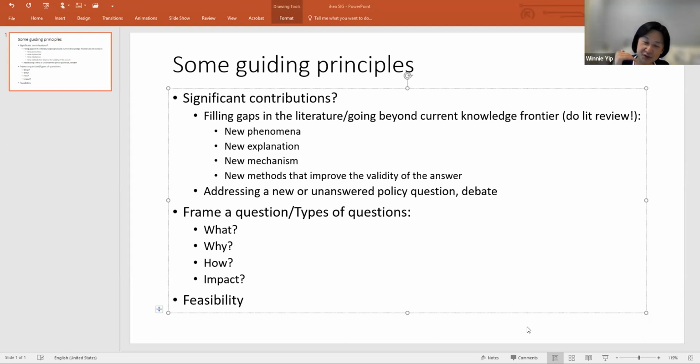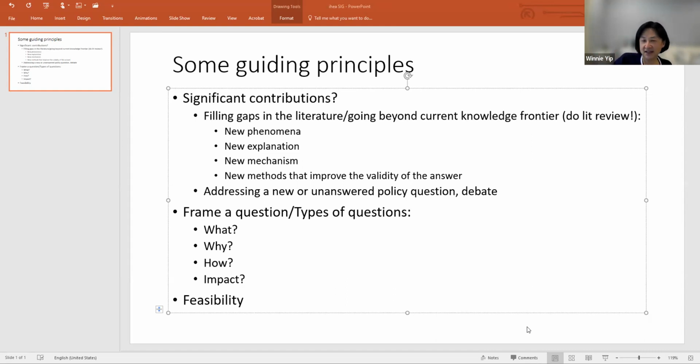Always ask yourself, what is the question that I'm asking? I think once you put yourself in that mode, that actually helps you to frame a question. If you're just saying, I happen to have a data set, so I want to do this analysis, this is so often what I have come across in student supervision, and I have to turn around and ask them, so what exactly is your question?